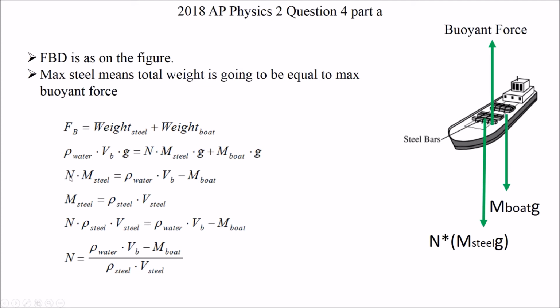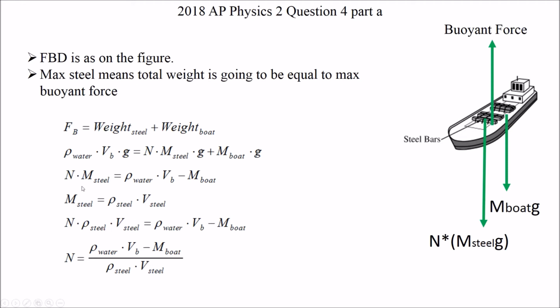Then the number of steels is equal to the density of the water times VB, subtracting the mass of the boat. We cannot use M steel because that's not given as a variable, so we need to write it in terms of density and volume.